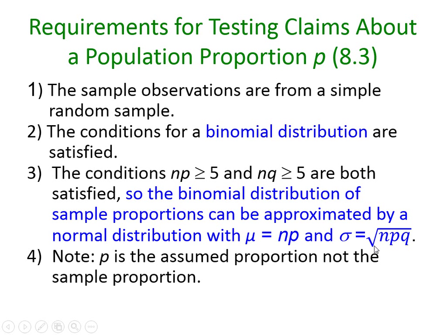So the binomial distribution of sample proportions can be approximated by a normal distribution, with the mean being n times p, the number of trials times the proportion that you would expect to have as successes, and the standard deviation being the square root of npq. All of that goes back to our binomial distribution.